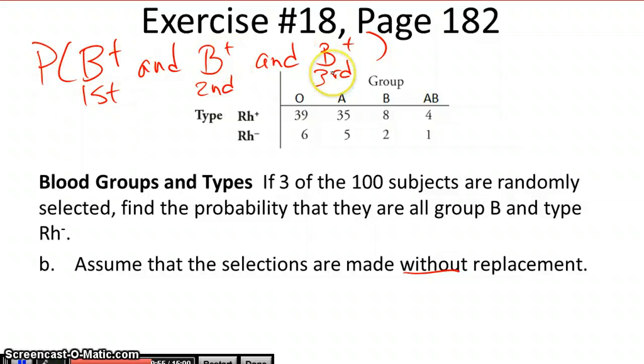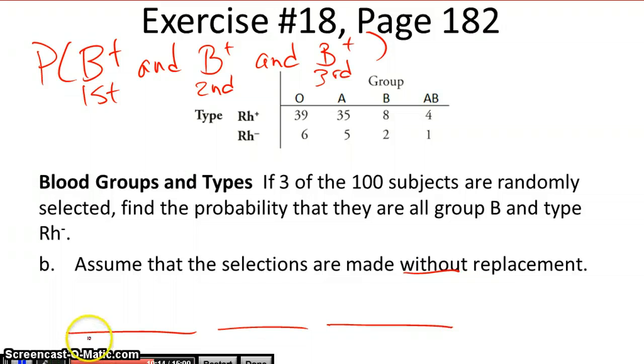So now you see the word "and" and it's still a matter of multiplication. Because when you hear the word and, if it can't just be explicitly identified from within the chart, and it involves a sequence of steps, first person, second person, third person, it's going to be the multiplication principle.